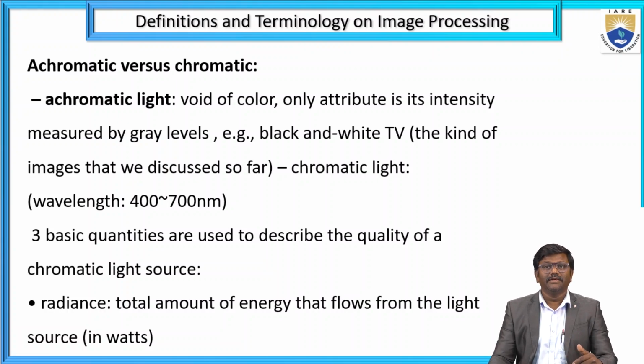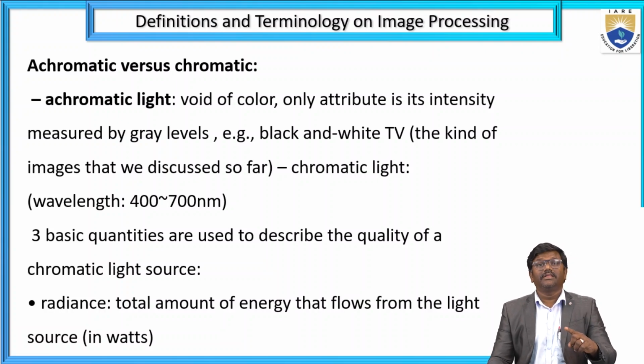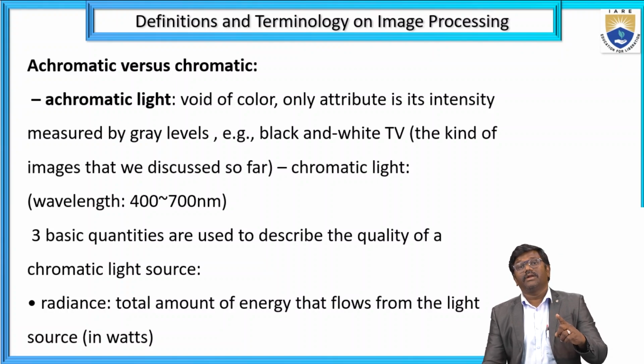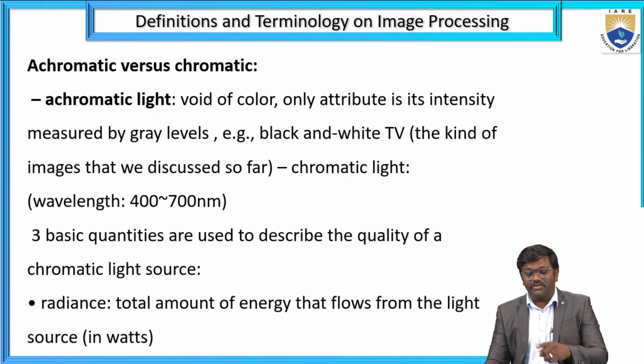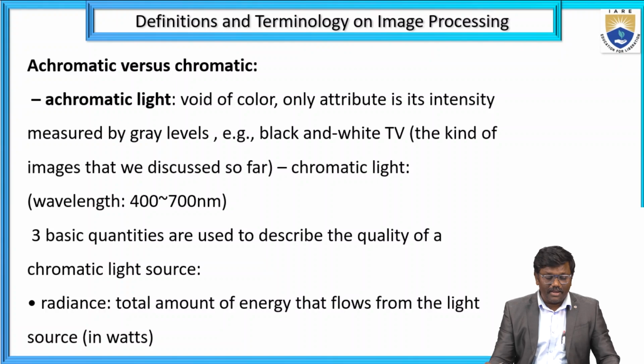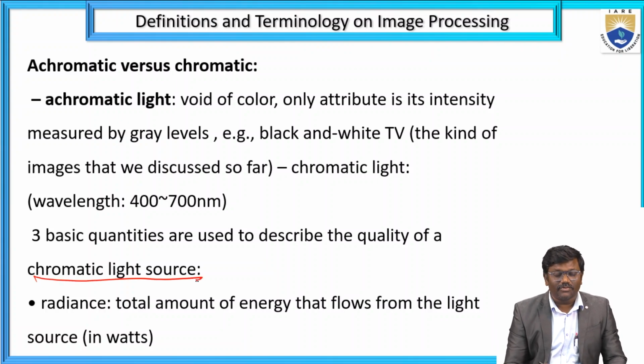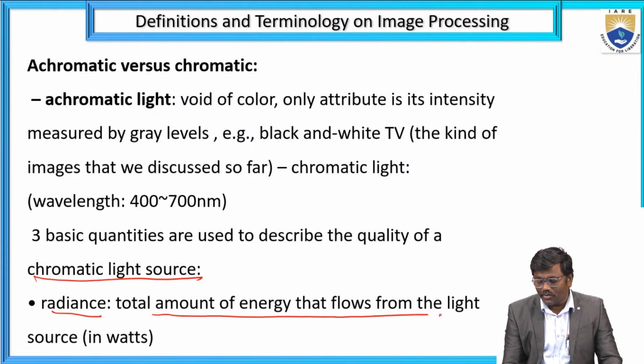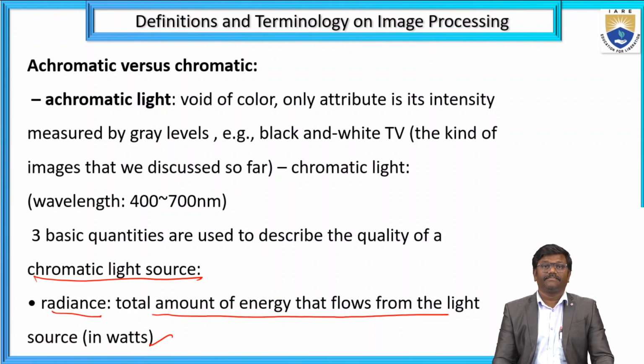Whereas chromatic light we can also define in the same way, but it depends upon three basic quantities used to describe the quality of a chromatic light source. What are they? Radiance, the total amount of energy that flows from the light source, in terms of watts.